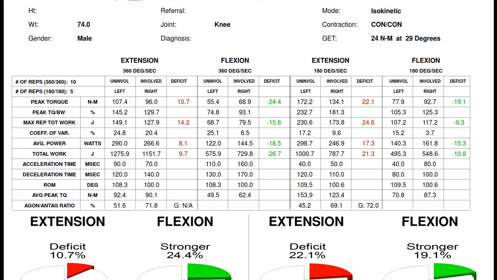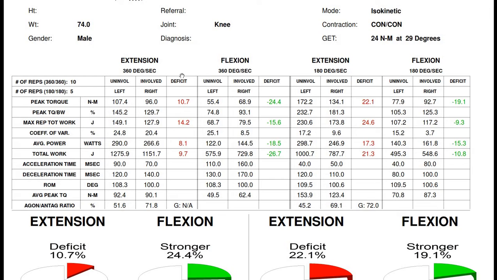This particular person's right side was their dominant side, and it's also the injured side, the previously injured side. So that is quite telling and could potentially be indicative of an underlying issue, and that perhaps that condition hasn't fully healed. So let's look at some of the other data.